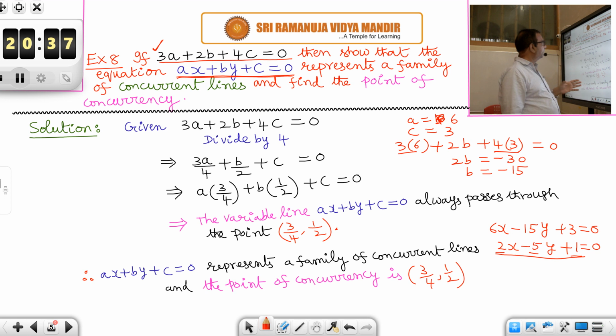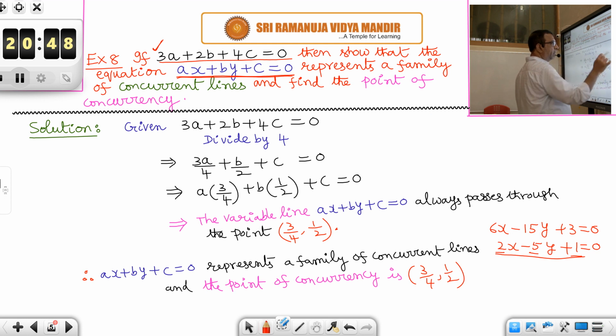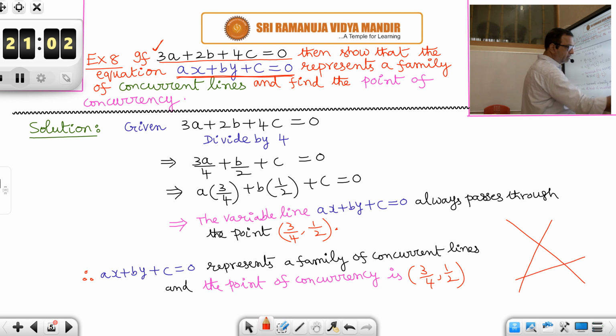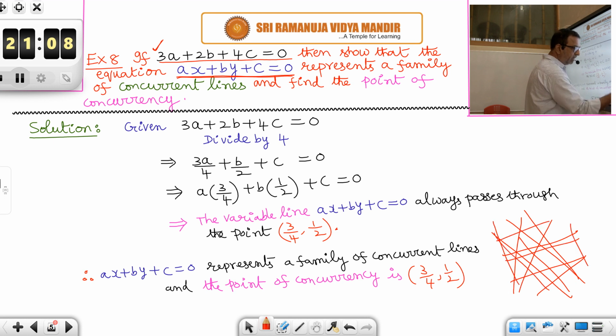But all these lines, ax plus by plus c is equal to 0, we have to prove that they are not like this. I will show you, just 1 minute. So you will get several lines by giving different values to a, b, c. We have to show that all those lines are not like this. If you draw them in the plane, they are not like this.